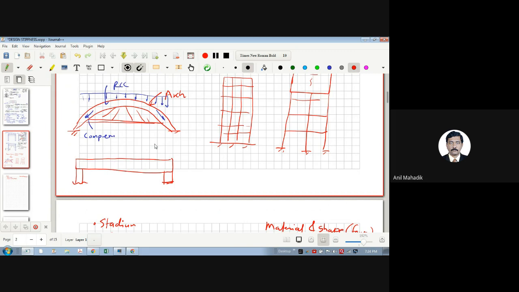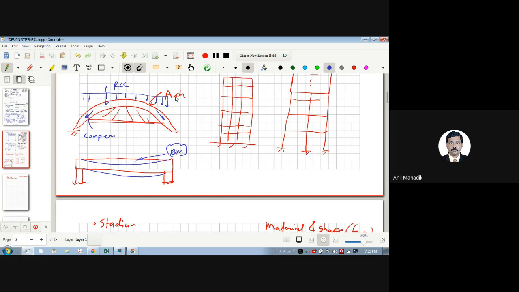Whenever it is a horizontal beam, there will be bending moment like this. All of you know it will bend like this, and the major force in this beam will be bending moment. So bending moment will be there in such kind of horizontal bridges.